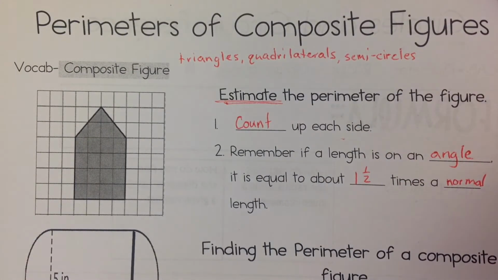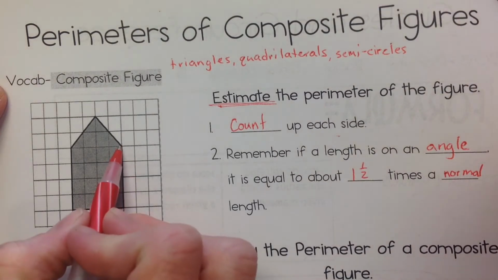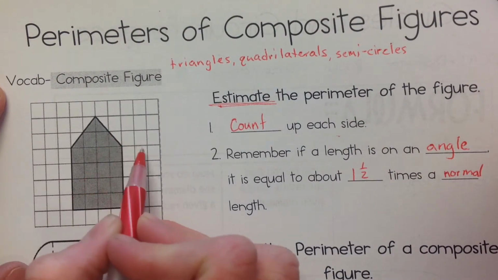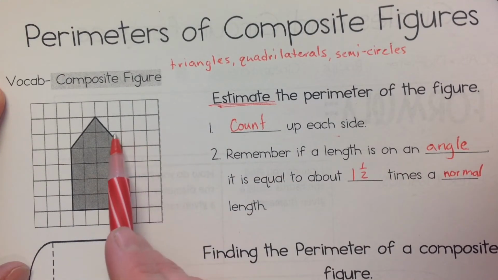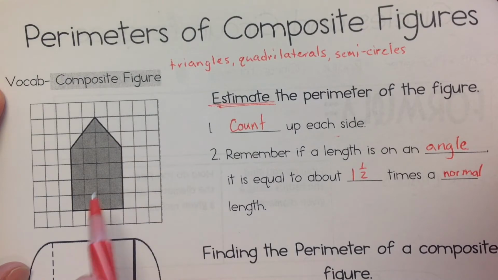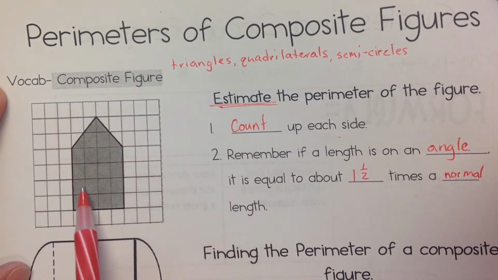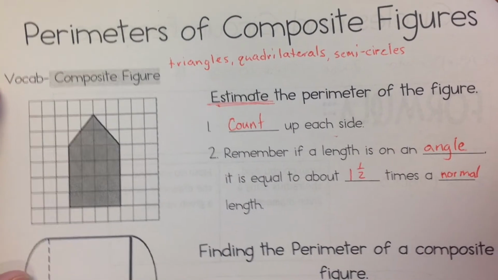Okay, so what I mean by that is instead of this just being 1, because it's on this diagonal, it's actually worth 1.5. And you can kind of see that because if I was going to drop this down here, it's going to fall right here and you have another half to go. And so when you're estimating this, you need to make sure you account for that, okay?